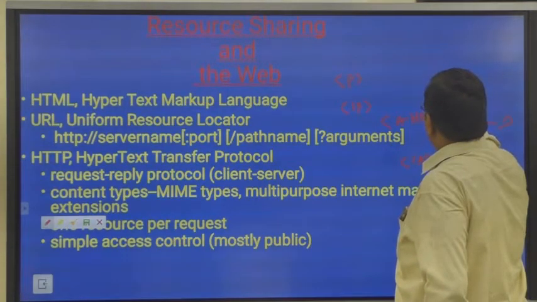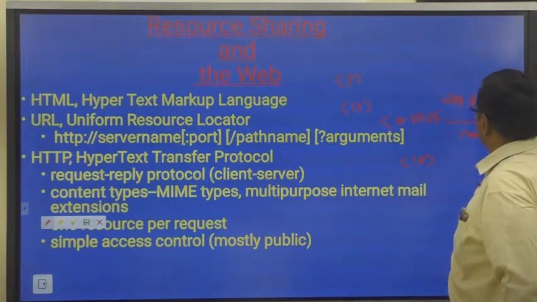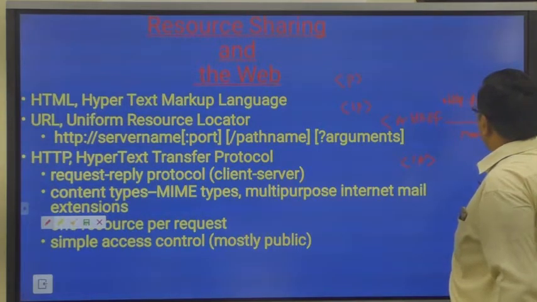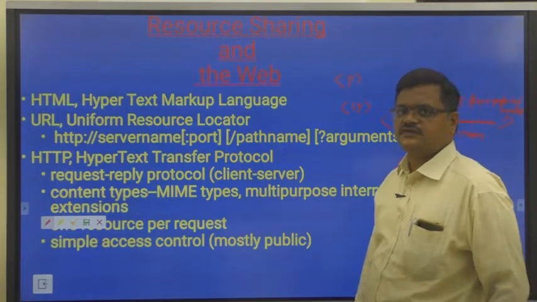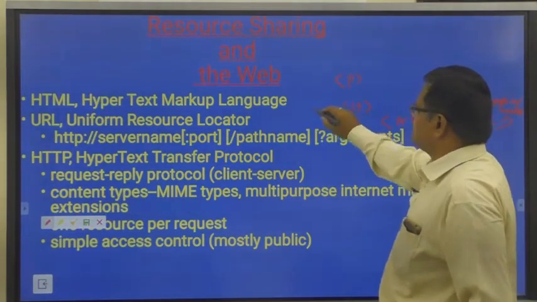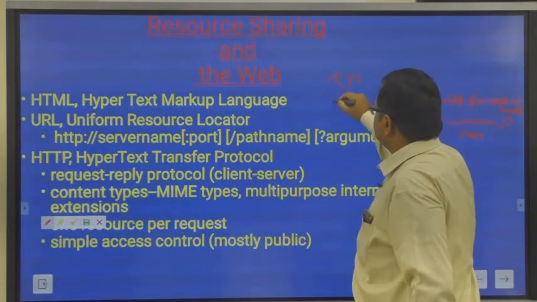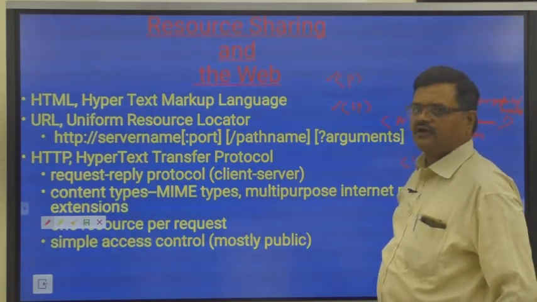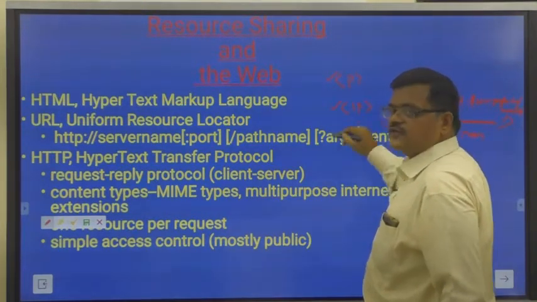So http://www.google.com/moon.html. So that we can give in the place of href, the hyperlink reference. Okay, so this is about HTML. So HTML is basically a programming language which works based upon tags. P is for print, paragraph. So whatever matter you give in between this will be in the form of paragraphs.